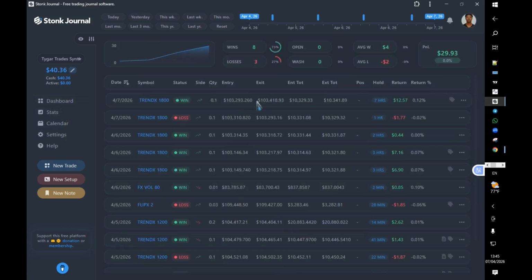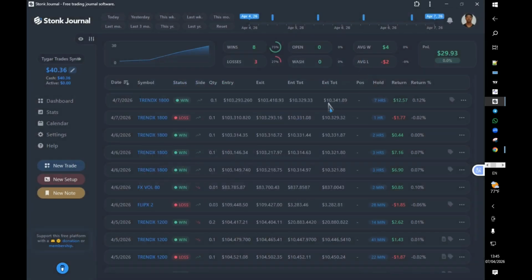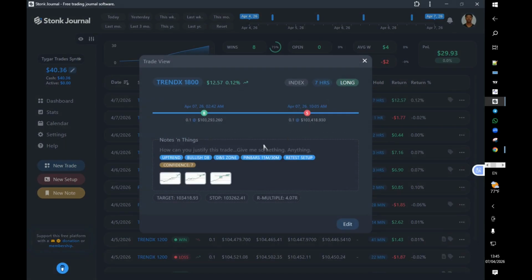You can see I'm taking only A setups, right? Confidence level 7. Let's take for example this one, confidence level 8. It will be a bullish daily bias, uptrend, liquidity grab, engulfing candle breakout setup, right? And as you can see also here, uptrend, a bullish demand and supply.